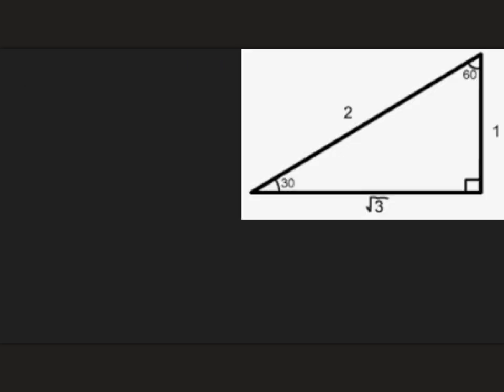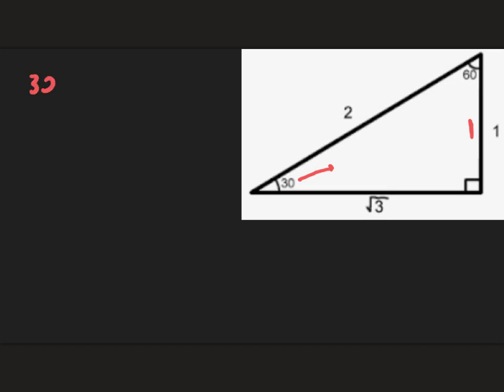Our other famous triangle is a 30, 60, 90 triangle. So how does a 30, 60, 90 triangle work? Okay, so in a 30, 60, 90 triangle, opposite the 30, this length is 1. So how does this work?